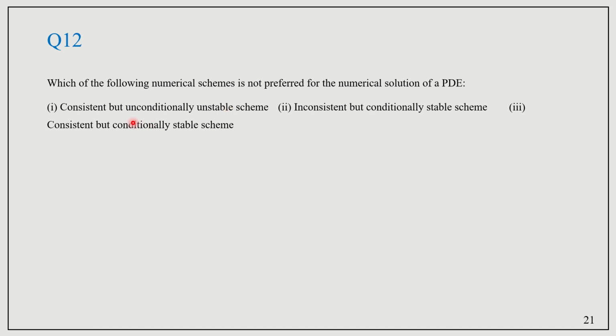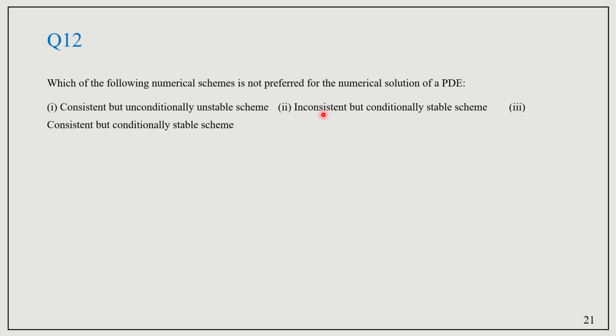So looking at option 1, that is statement 1, it states a consistent but unconditionally unstable scheme. So it is unstable, so it is not preferred. The second one is again an inconsistent but conditionally stable scheme.